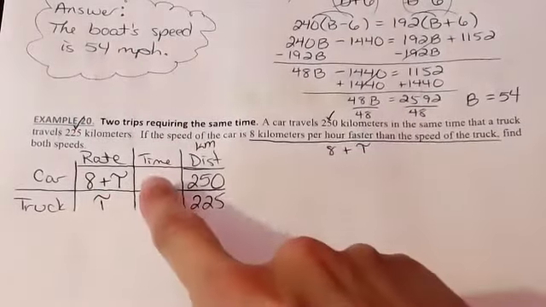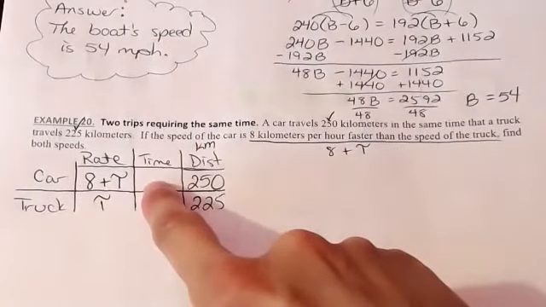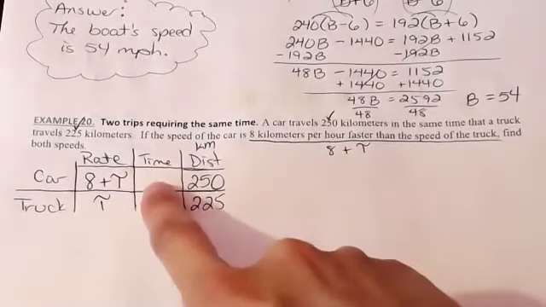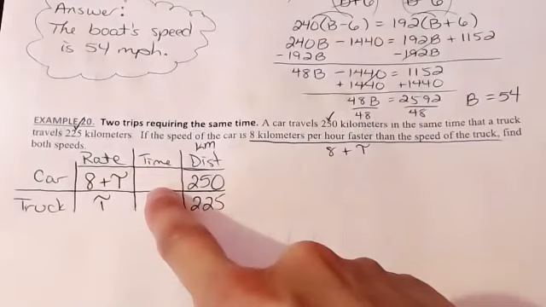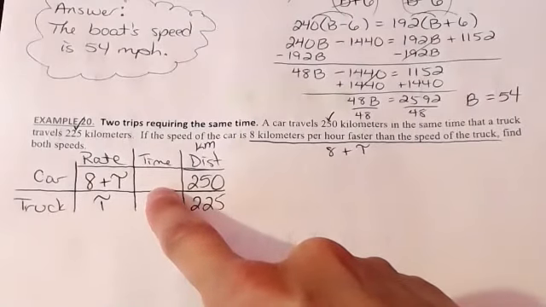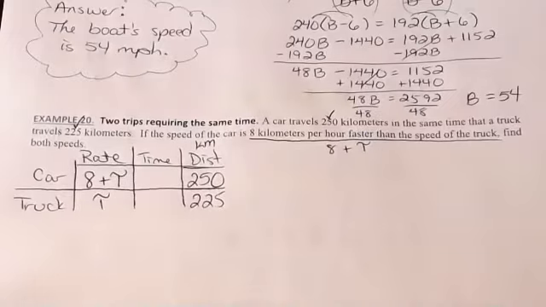How do you write time here for the car? What do you place right here in this spot for the time that the car took? Would it be just a normal T? Actually, we have to think back to our expression.